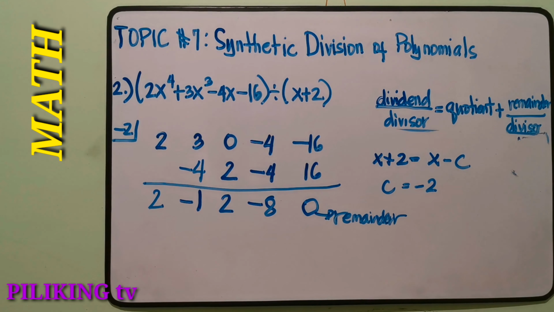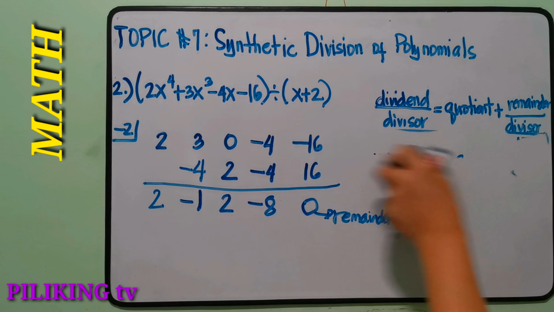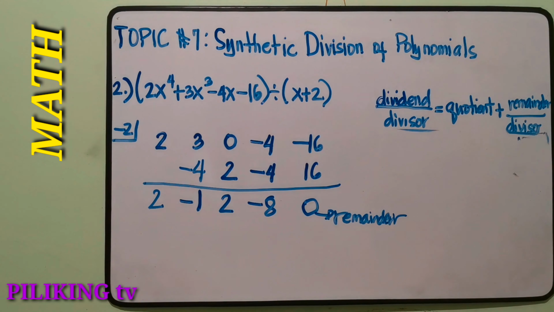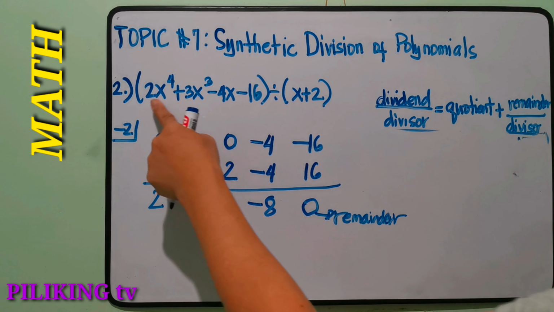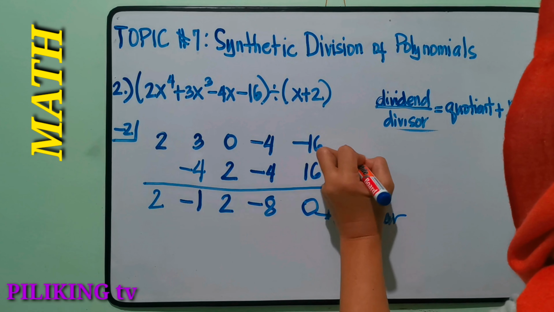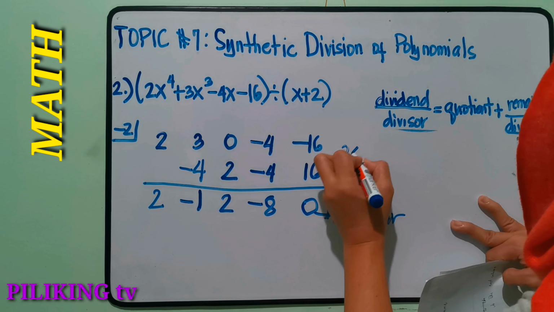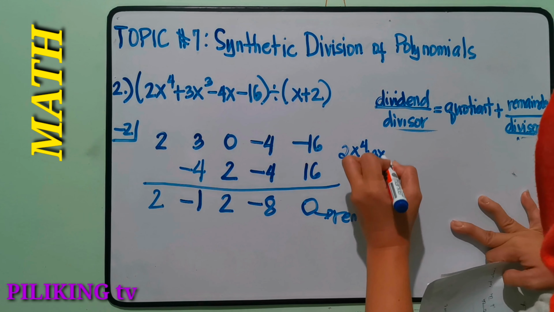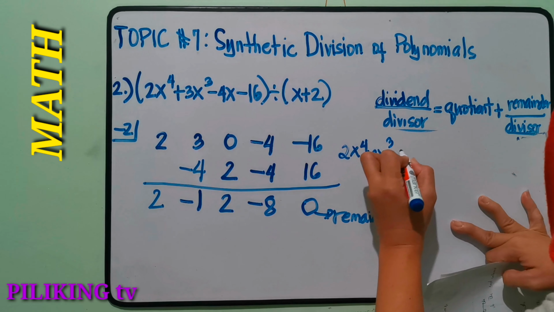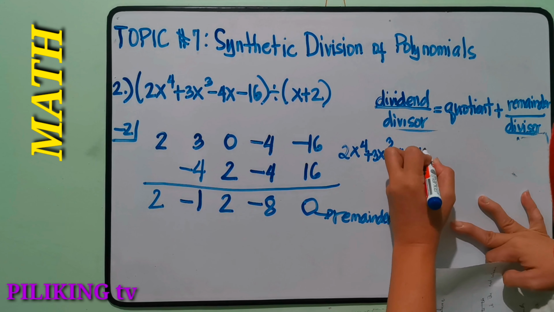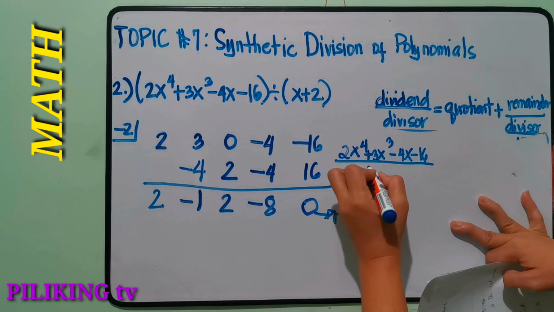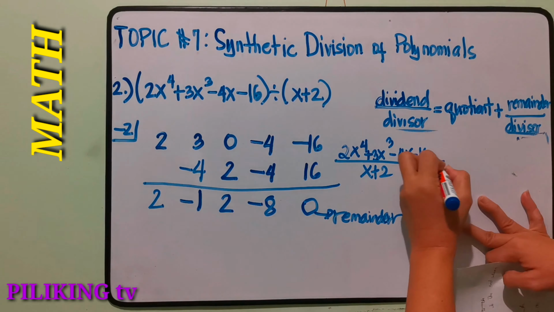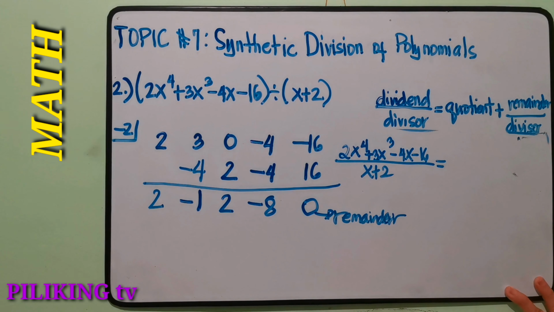Let us write again in the form dividend over the divisor is equal to quotient plus remainder over the divisor. Our dividend is 2x raised to 4 plus 3x cubed minus 4x minus 16, divided by x plus 2. That is equal to our quotient. What is our quotient?